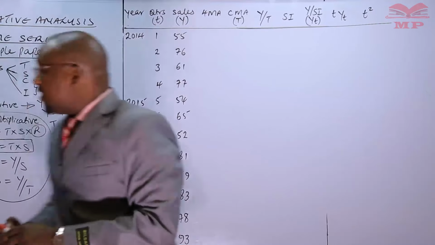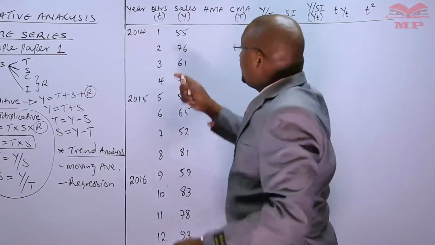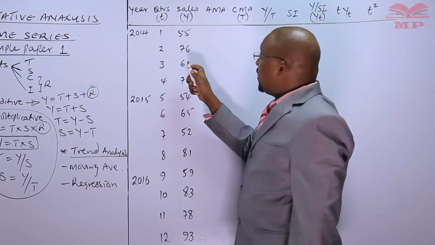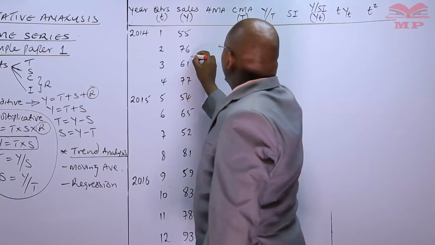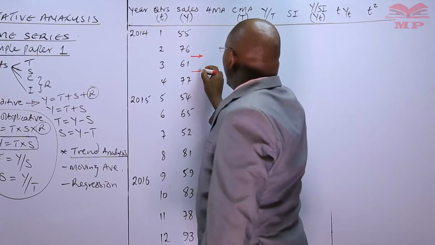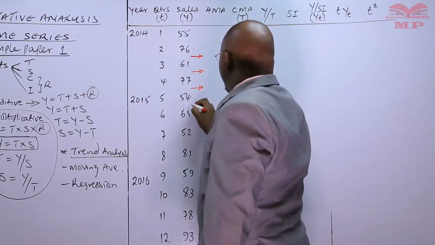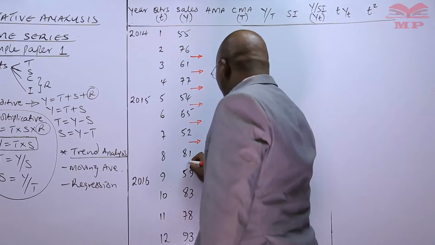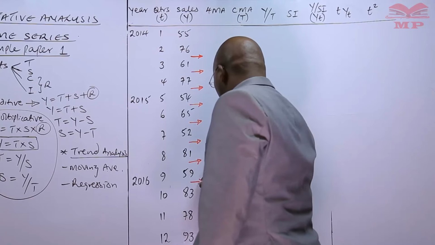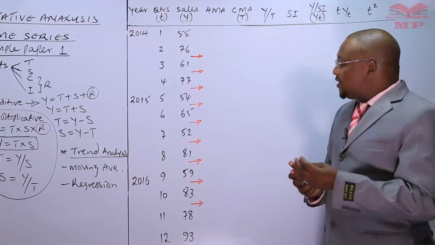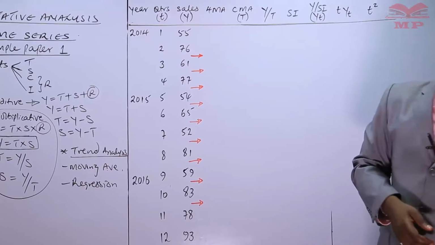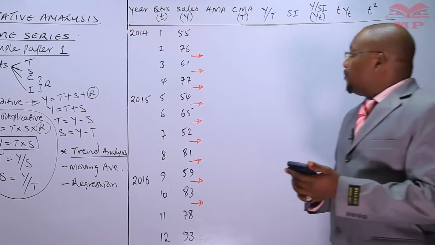So like now, if you take the first 4 quarters, the mid of the first quarters is between 2 and 3. So we'll be having our values there, and these values will not correspond to the specific quarters. These values will be in between the quarters.